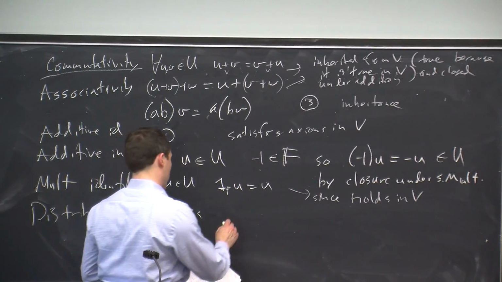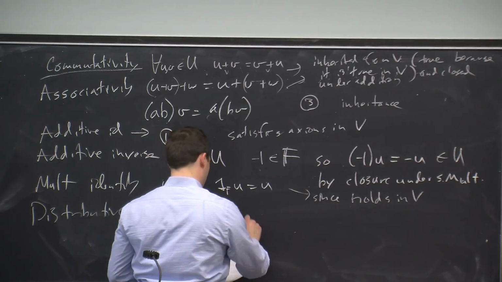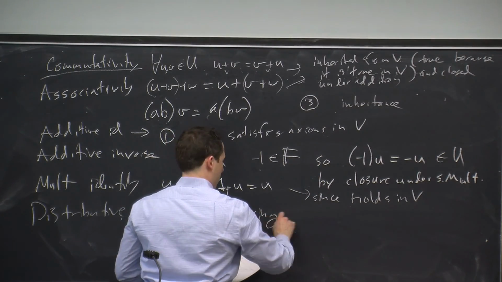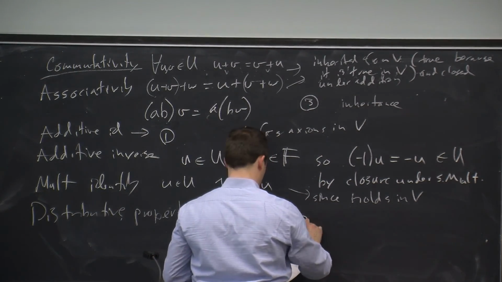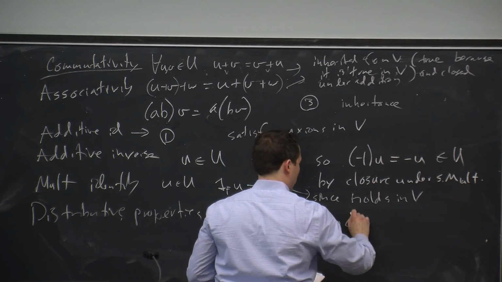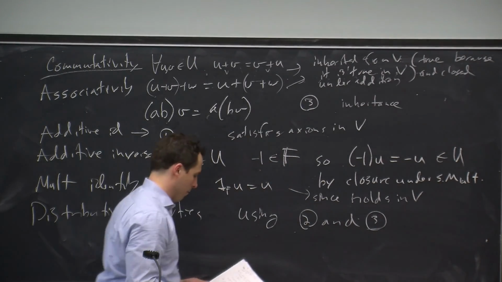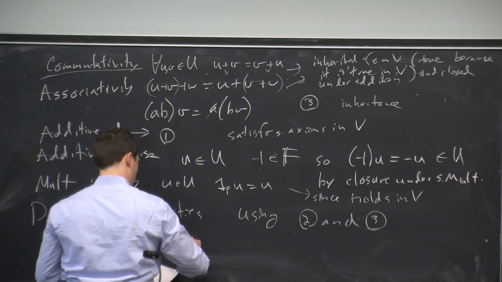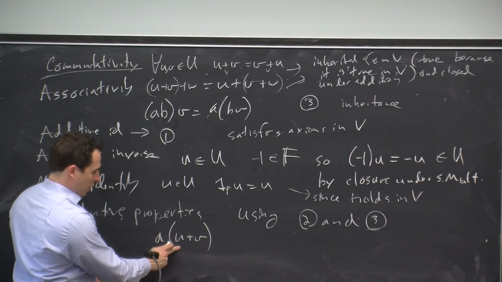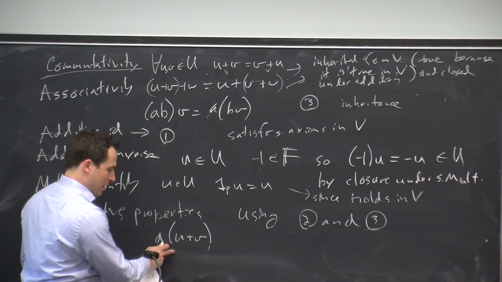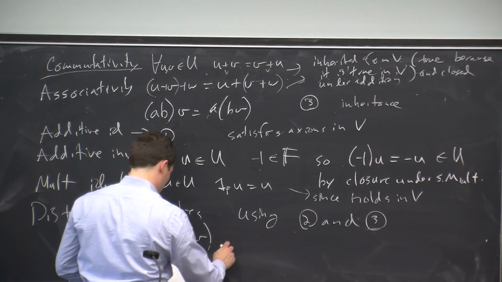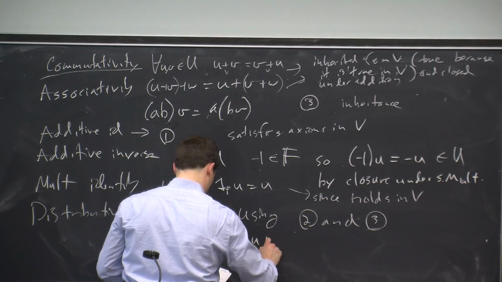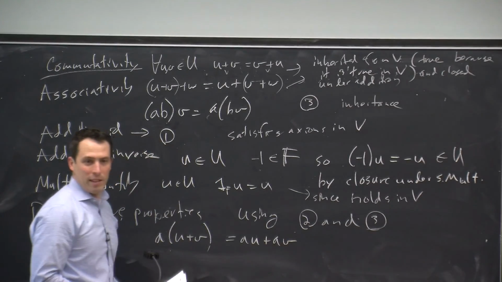Well, these we could also say are inherited using additive closure and multiplicative closure. U plus V is in U, and the addition is the same, and the scalar multiplication is the same. So as long as all of these expressions make sense, they must have the same answers.